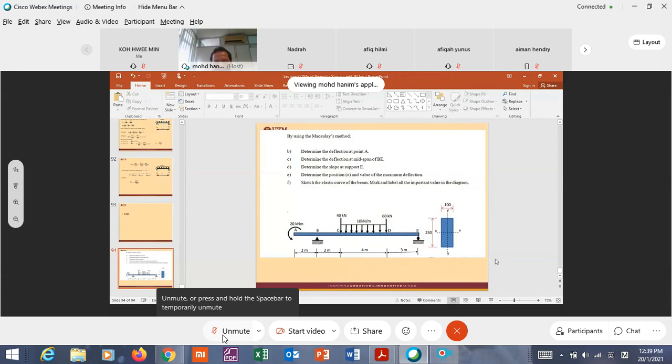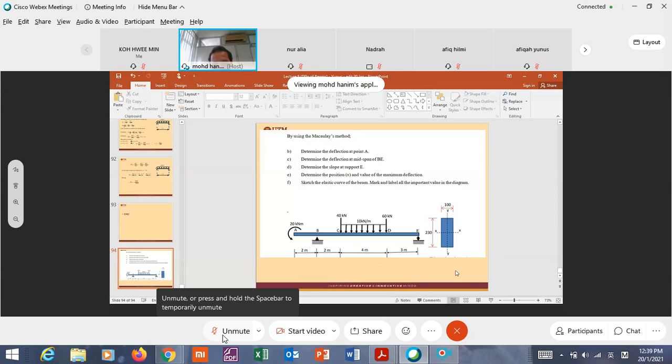What I'm doing now is just using print screen on the PDF file, and then I copy and paste into the slide. Okay, this is the assignment.